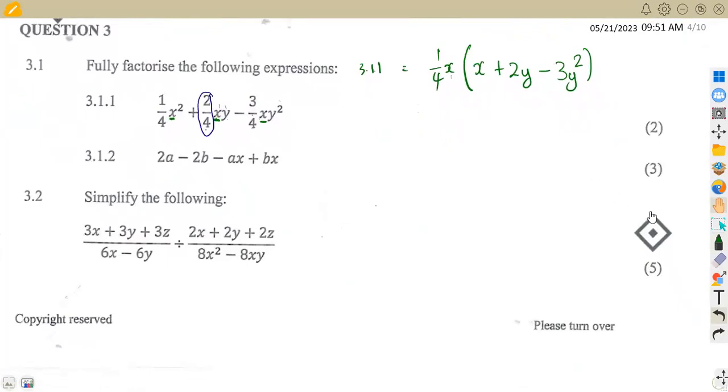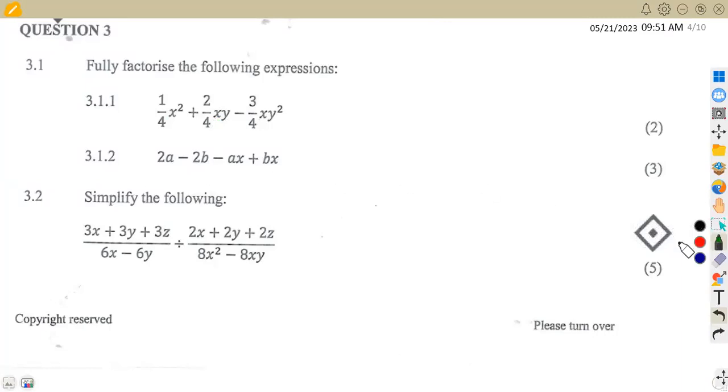All right, question 3.12. Again, it is on factorization, but what type of expression do we have in this case? If you check here, this is a part of 4 terms, just like what we saw in the previous part, where we are given 4 terms. That's 1, 2, 3, 4. So on a condition like this, we can group our terms into 2. If we are to group our terms into 2, we can factor out what is common in this case.